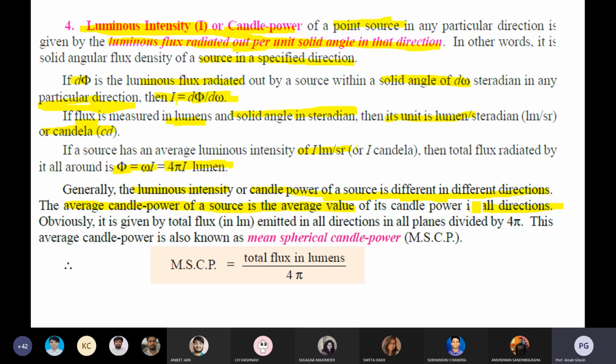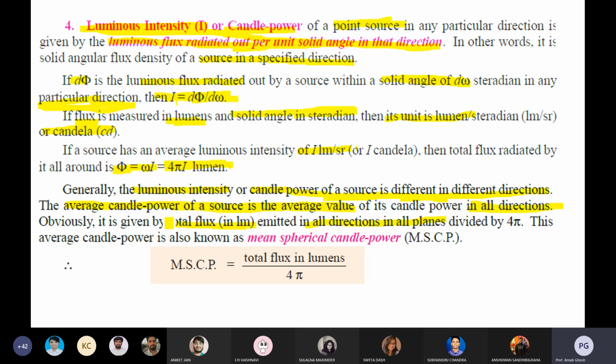Obviously it is given by the total flux in lumens emitted in all directions, divided by 4 pi. Thus, average candle power is also known as mean spherical candle power, MSCP.